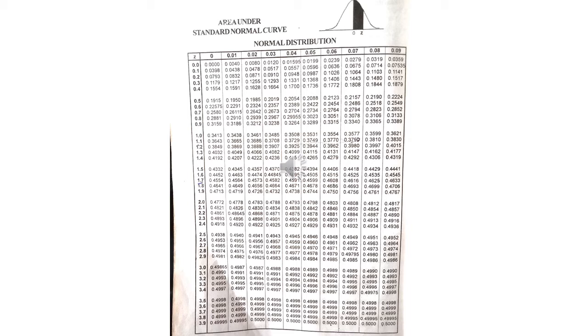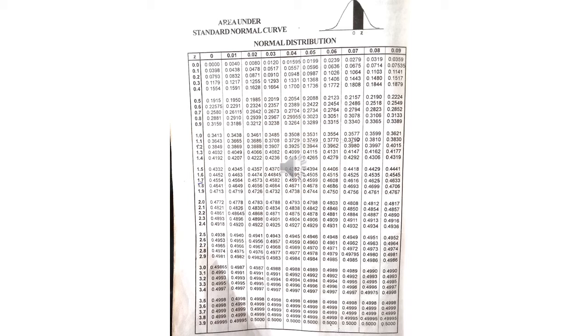What is it? It is 0.3531. Clear? Now another example. If it is 0.38, 0.38 means what? It is 0.3, which you select in the row, and 0.08 in the column. What comes at 0.3 and 0.08?